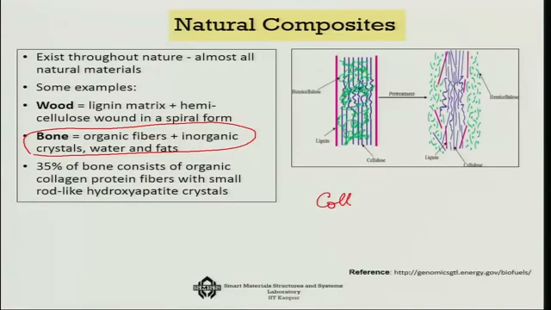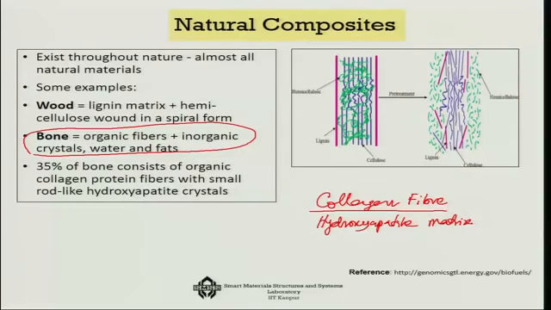Collagen fiber is very important because once again the structure of the collagen fiber was actually discovered in India, by Professor Ramachandran. So collagen fiber, and the matrix is hydroxyapatite. These together form the bone structure. So that is a composite that you carry with you.